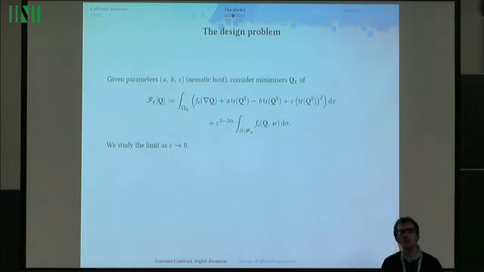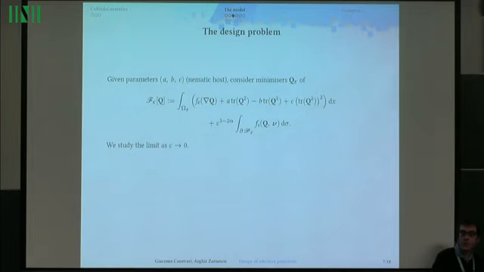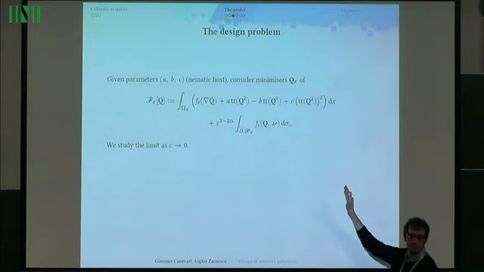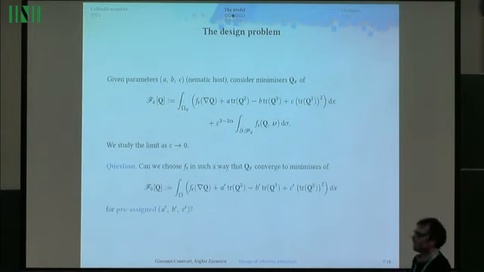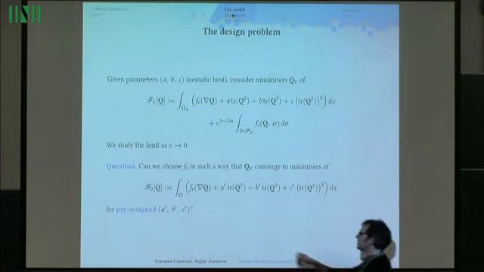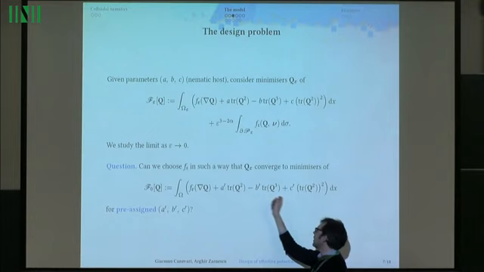Now suppose we are given a fixed domain, omega, but also a fixed liquid crystal material with some coefficients A, B, and C that are given to us. And we would like to obtain a composite material with other coefficients A prime, B prime, and C prime.